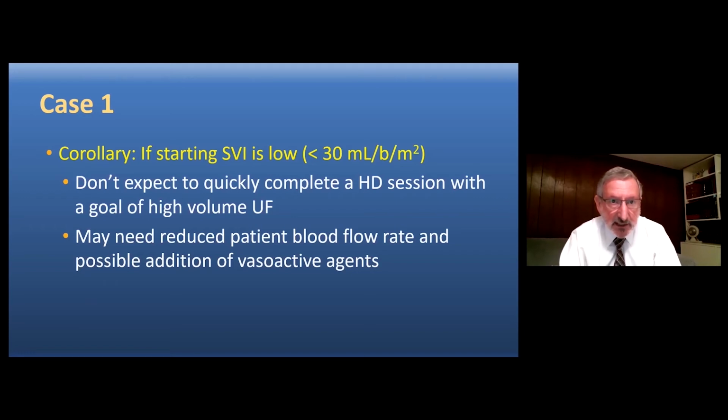Okay, the second case. To come up with a COVID case is not difficult.